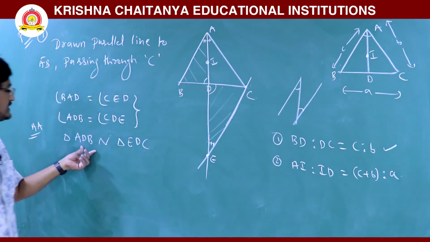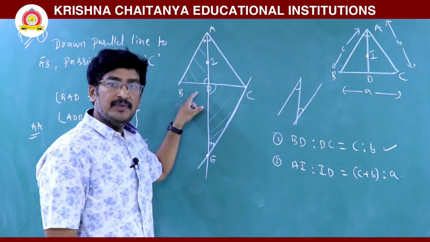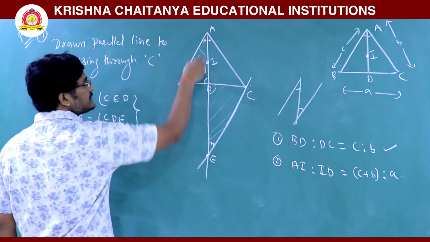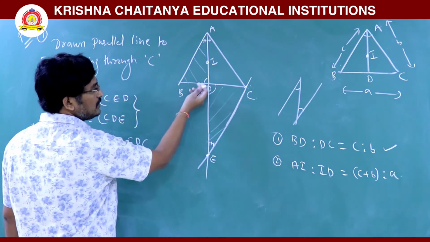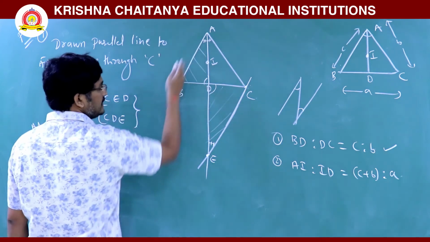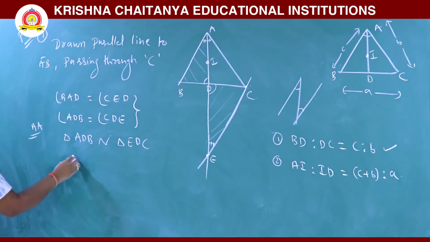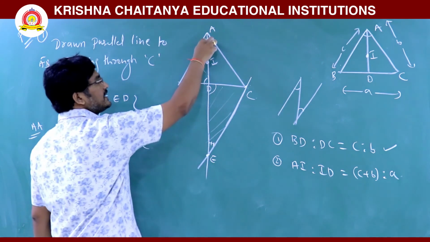So by the properties of similar triangles, the ratio of corresponding sides should be the same. In this one this angle, in this one this angle, should be the same. What is the opposite side of this one? AB. What is the opposite side of this one? EC. That means AB by EC is equal to, now consider this angle.